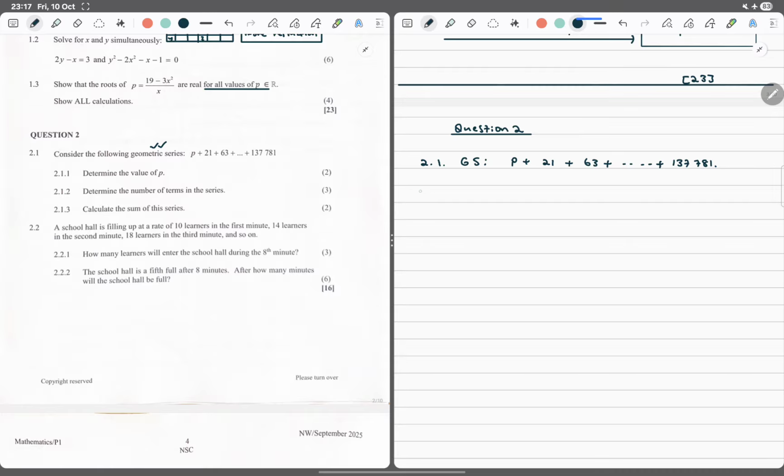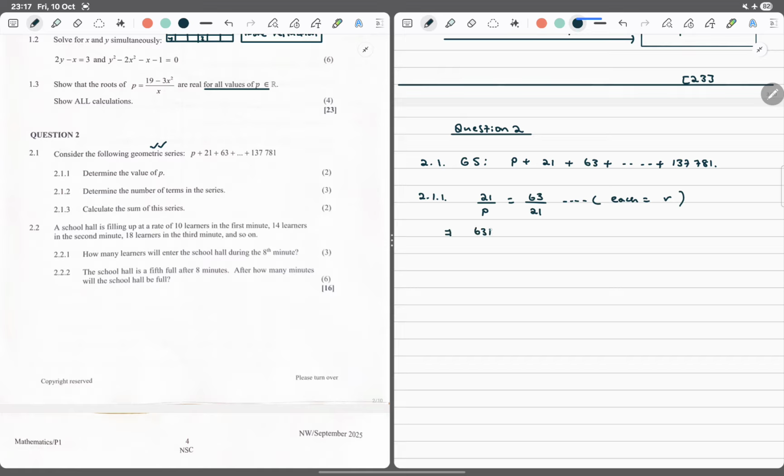So the first question says 2.1.1. We need to find the value of p. We know that 21 over p is going to be 63 over 21. Just to be methodical, each is equal to the common ratio r, so that we work systematically.